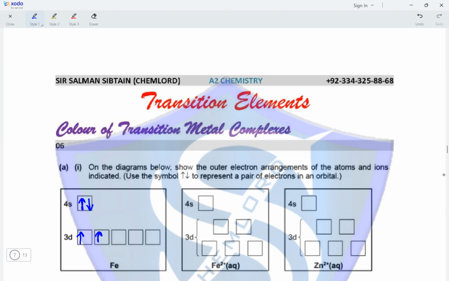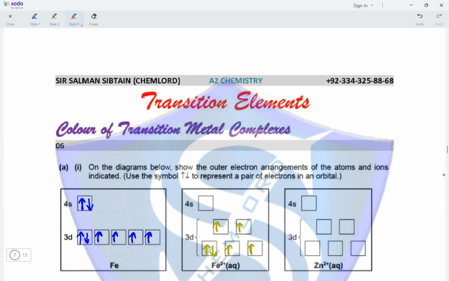So 1 in each of the 5 d orbitals, and the sixth one would be the one pairing up in the first d orbital. For Fe2 plus, 2 electrons would be lost. So the 2 electrons lost are from the 4s orbital. So that means one electron in each of the d orbitals, but now the d orbitals are split into two groups, and we would have one electron pairing up in the first orbital in the lower set.